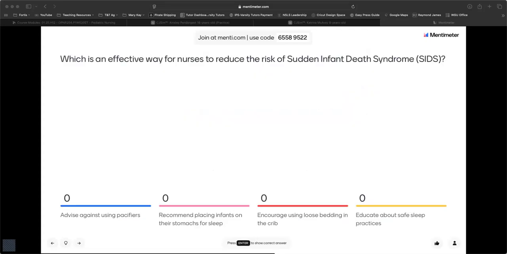What is an effective way for us to reduce the risk of sudden infant death syndrome? What are those ABCs that we remember?